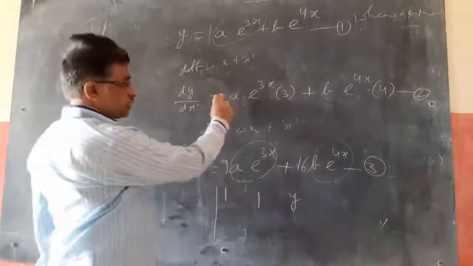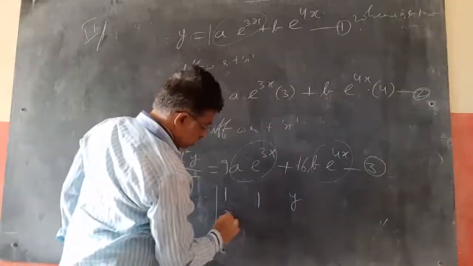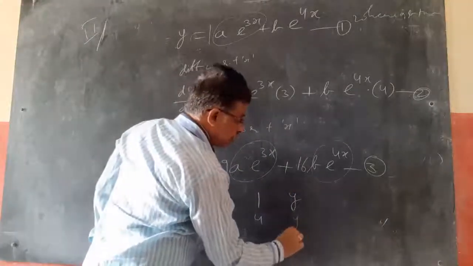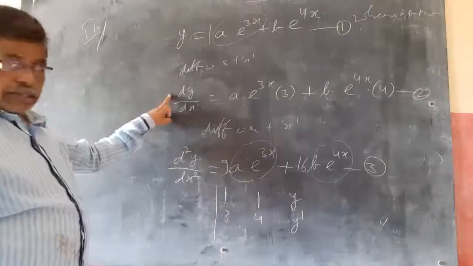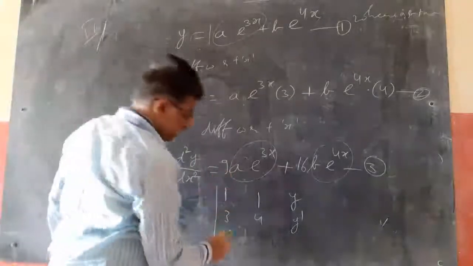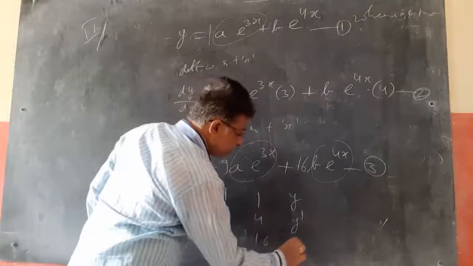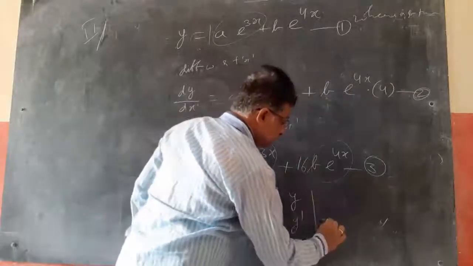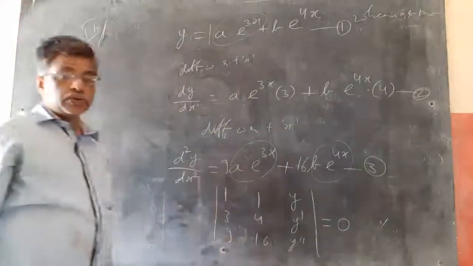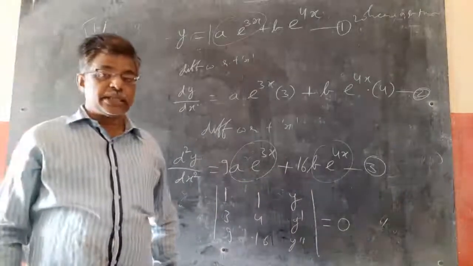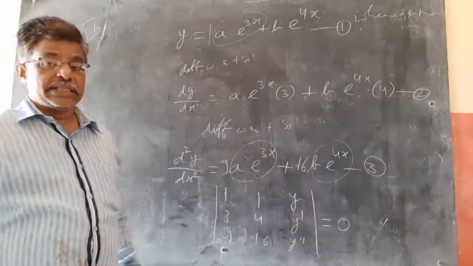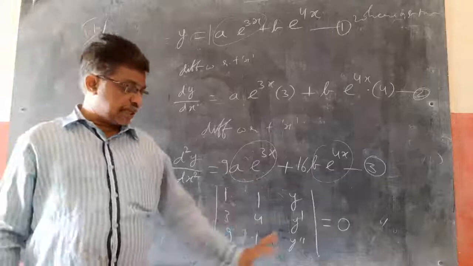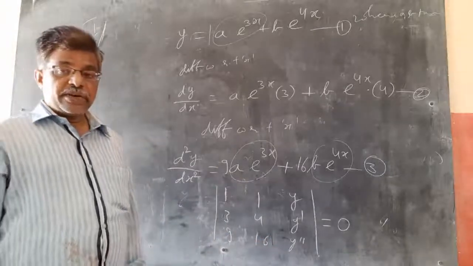Here the coefficients are 3, 4, and y dash, where dy by dx is y dash. And here 9, 16, y double dash, equal to 0. We learned in matrices and determinants how to solve equations. So using this determinant, you can find the equation simply.